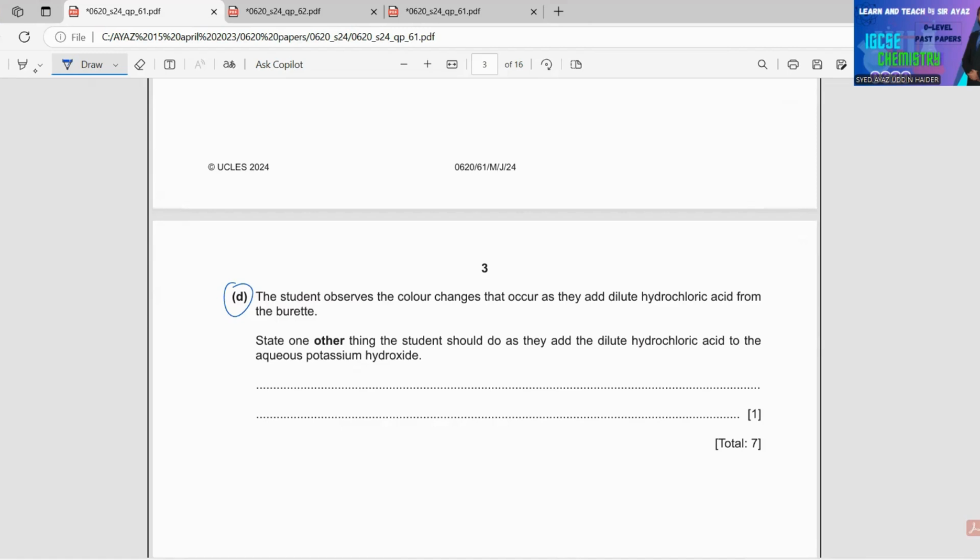The student needs to shake or swirl the flask in order to mix the contents.